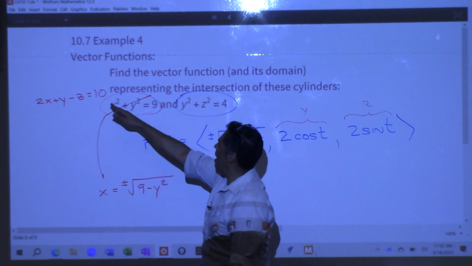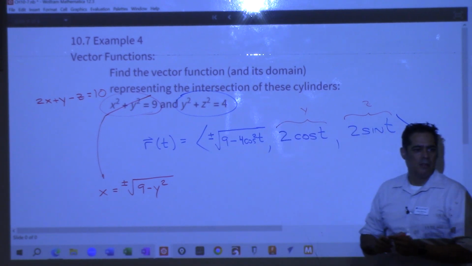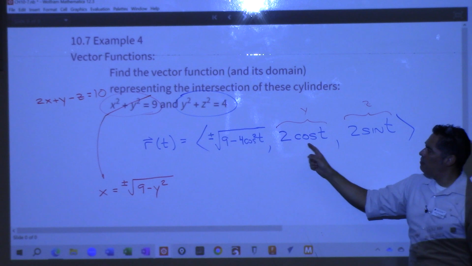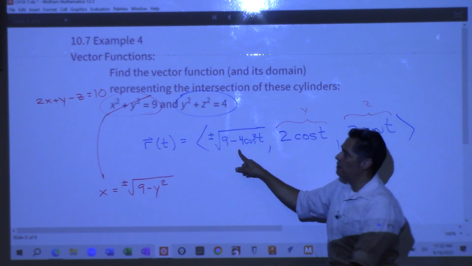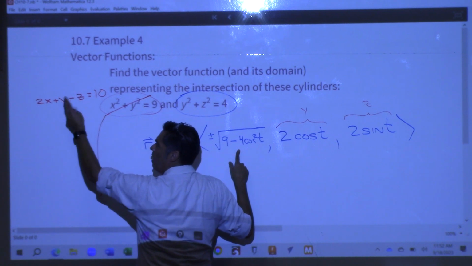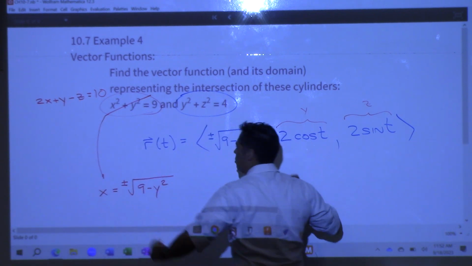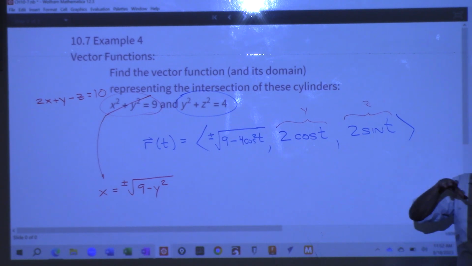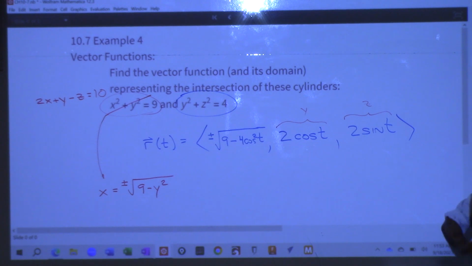What if that was a plane and that was your cylinder? You still do this, right? But now, to get x, what would you do? Take this equation, solve for x, and then replace your y and z with these two. And that would give you where the plane intersects the cylinder, which would almost look like an ellipse but twisted sideways.